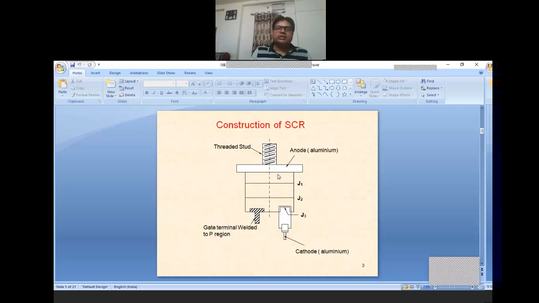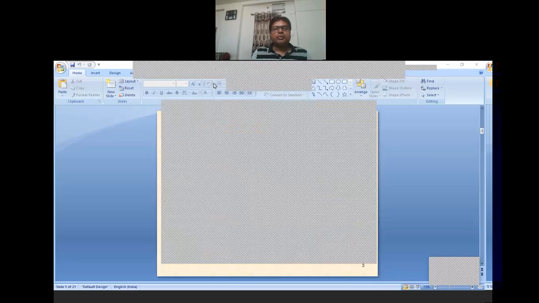And once all these layers are formed together and sandwiched together, the SCR is bolted to a threaded stud so that it can be fixed to the given circuit inside the given circuit board, again to proper heat sink.